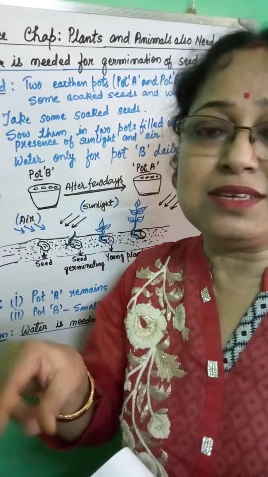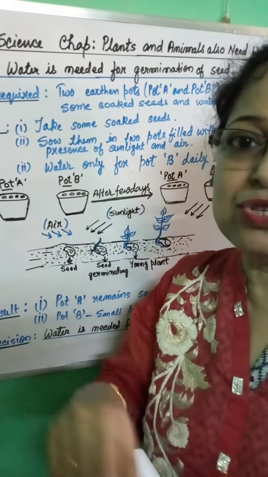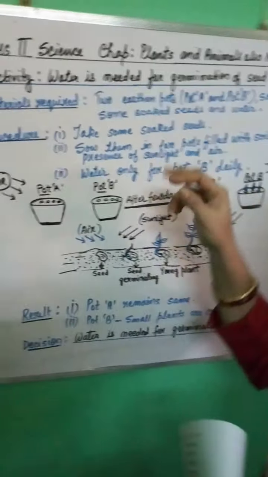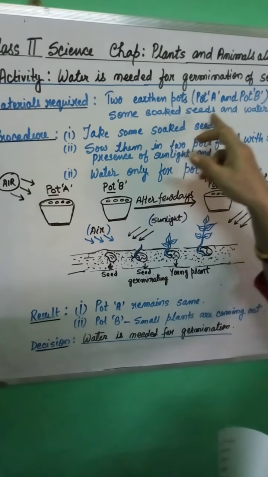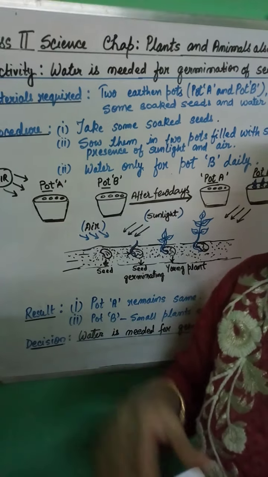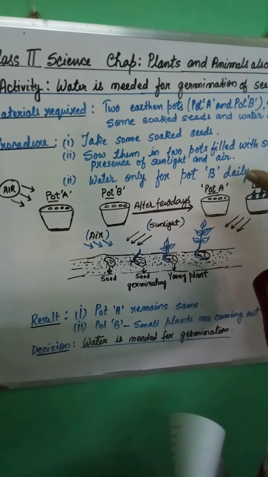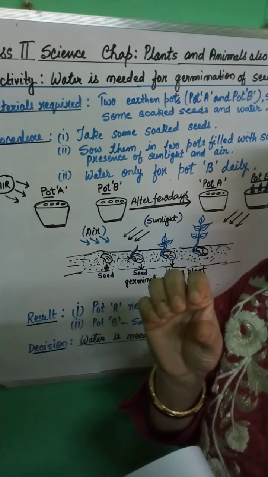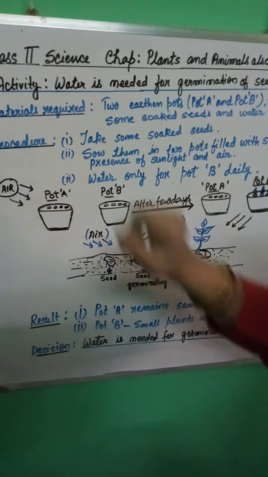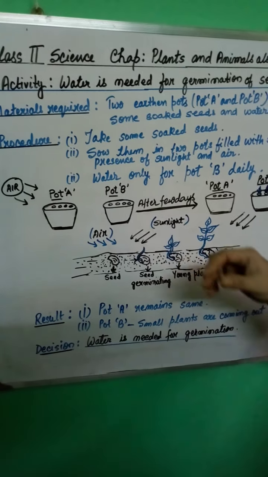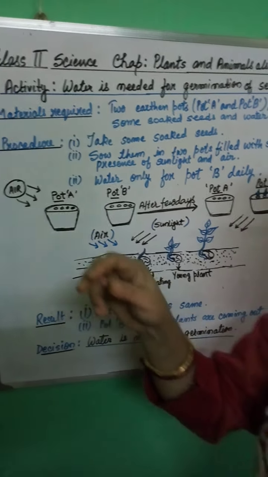That soaked seed you need for germination of plant, germination of seed and water. These materials you require for this activity.